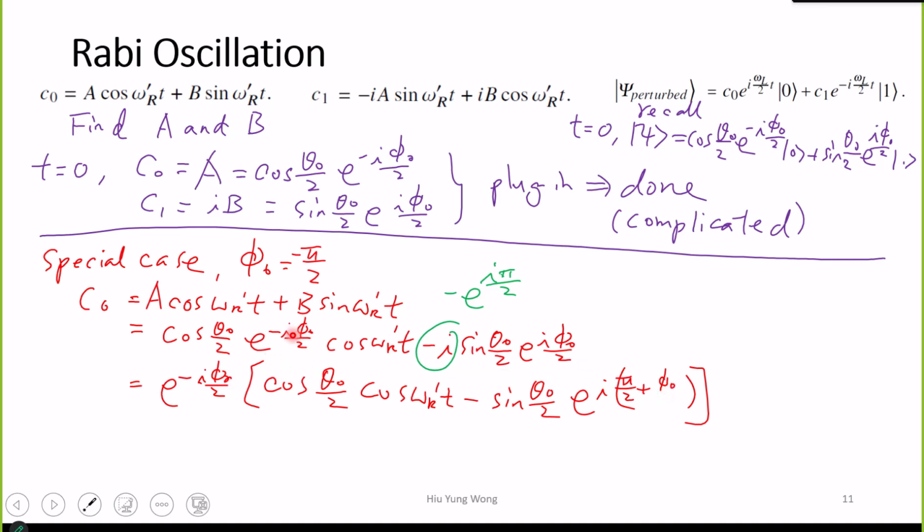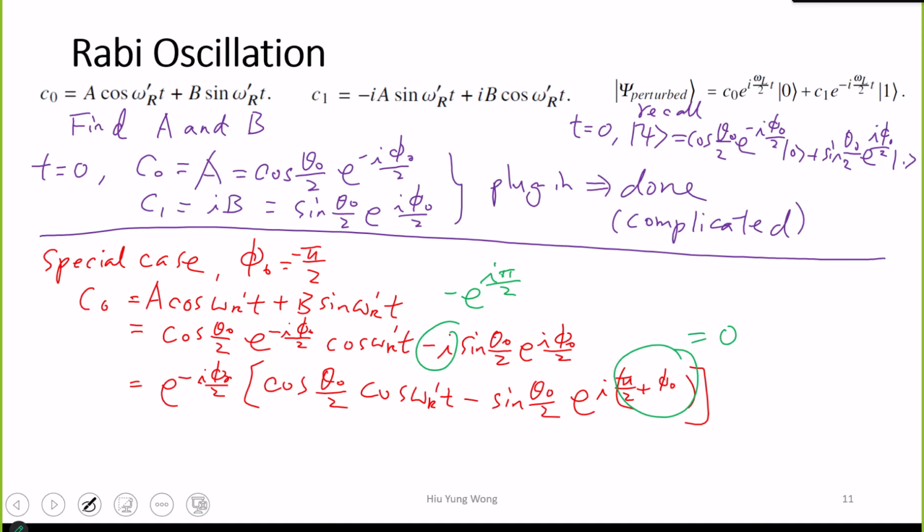This one I factorize e to the power negative I phi naught over 2, so this one needs to become e to the power I phi naught, because this is negative something over 2 and this is plus something over 2. I factorize this negative over 2, then this is gone, but this one needs to be without over 2. So that's why I have phi naught. And now you can see this special case, because this equals negative pi over 2, so this gives me 0. That's why I say this is a special case.